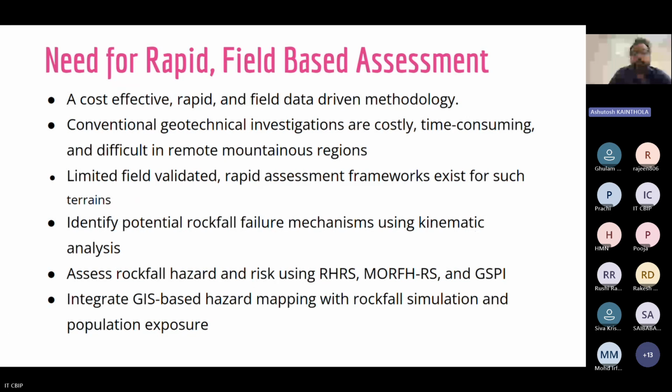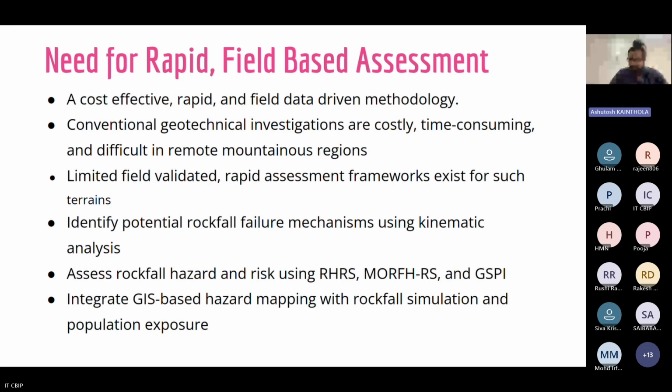So what we have endeavored here is to come up with a purely field-data-driven approach, which does not rely a lot on geotechnical tests, but which can quantify hazard plus risk.